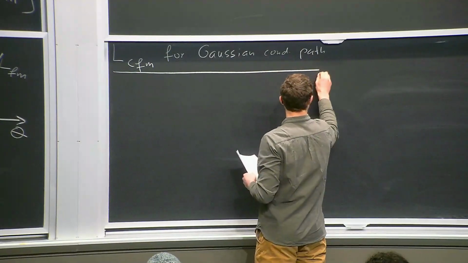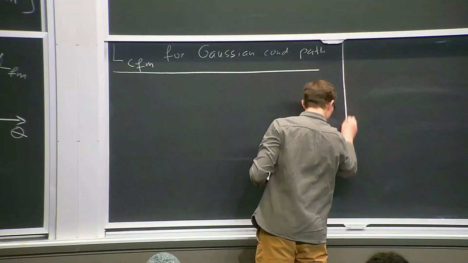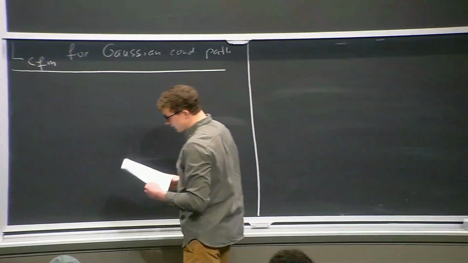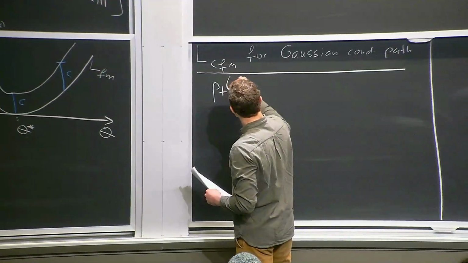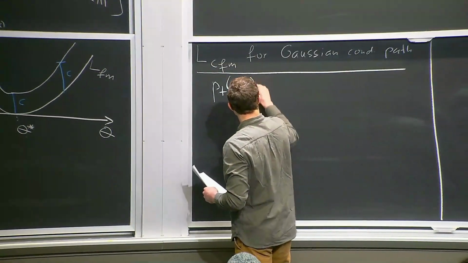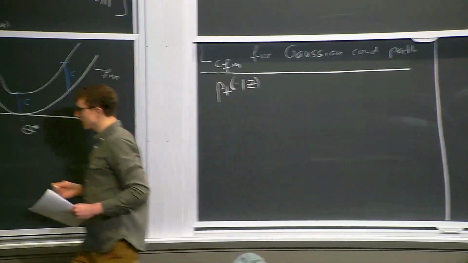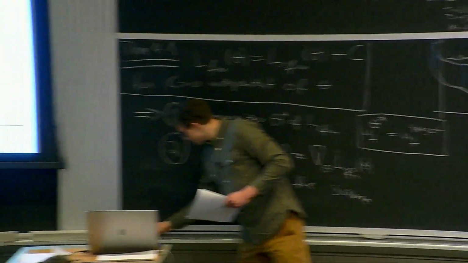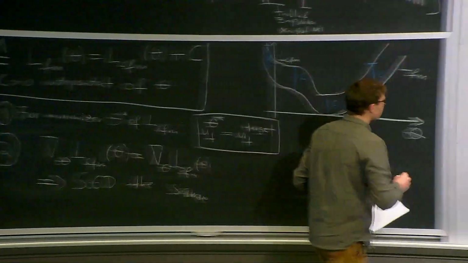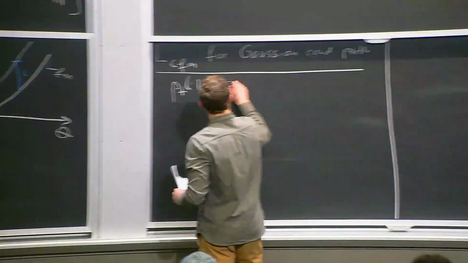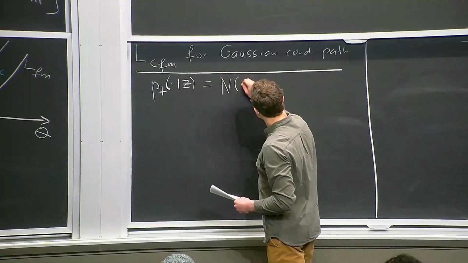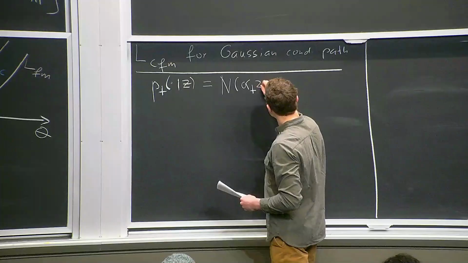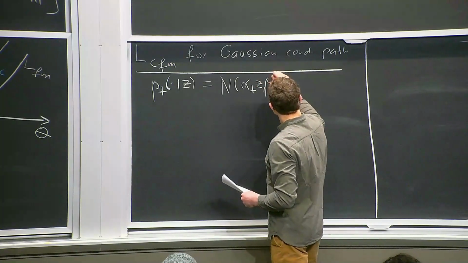Okay, so how were things looking in this example? We had the conditional probability path, which was just a Gaussian with a specific mean and variance.